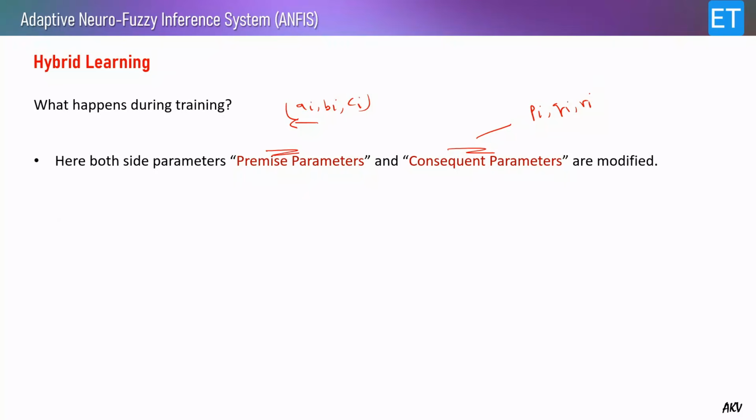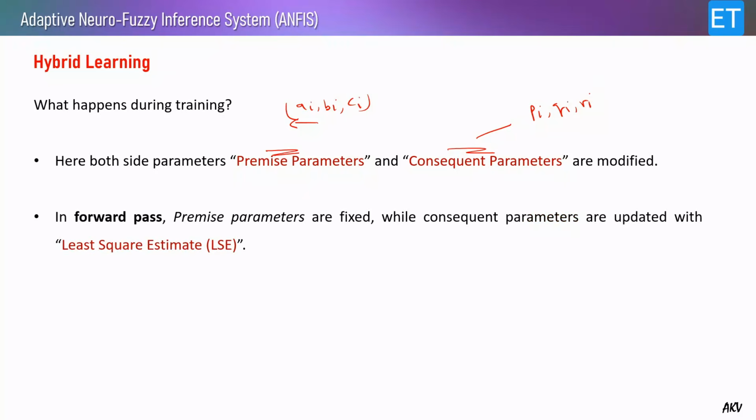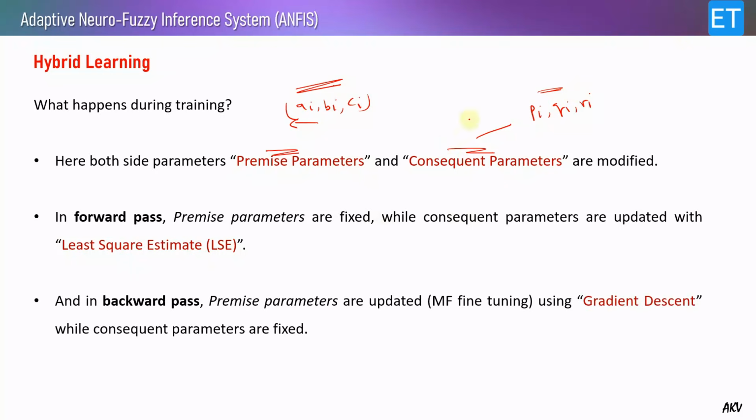Okay. So in forward pass, the premise parameters are fixed. Okay. So these parameters are fixed, while the consequent parameters are updated using LSE, least square estimate.